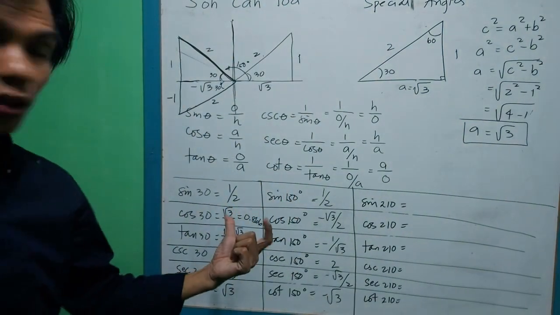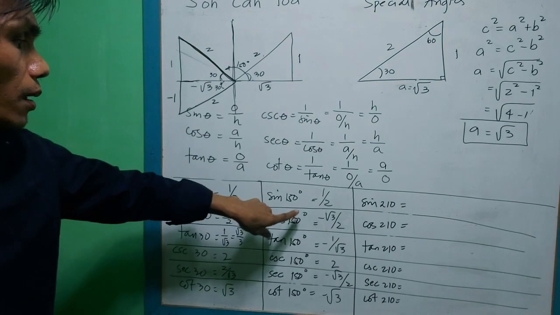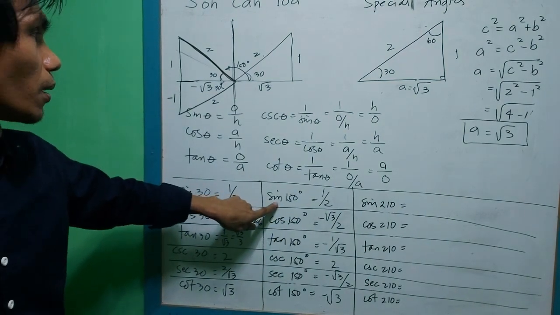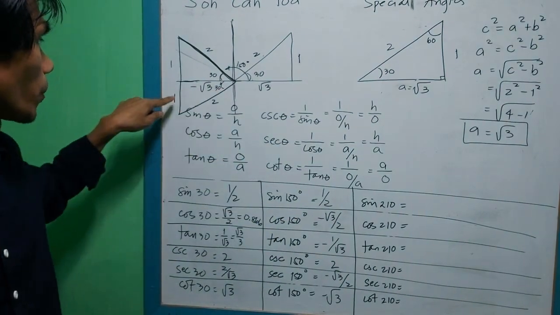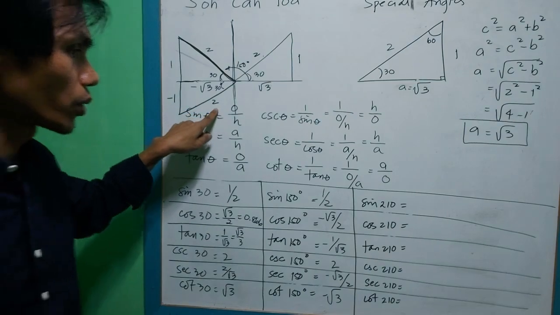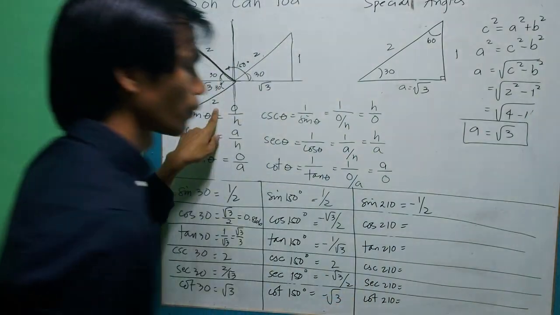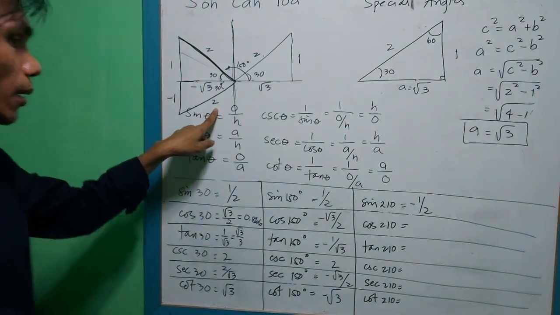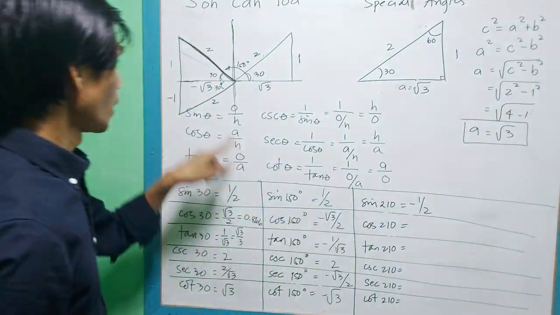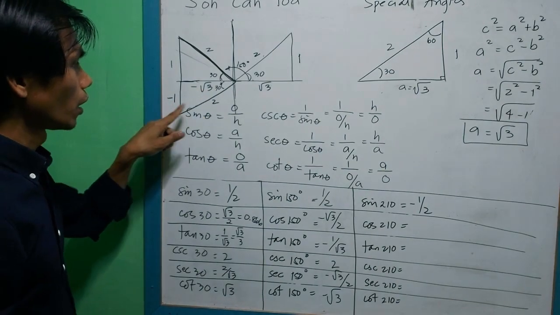Let's take a look on the value. Okay. Sine. Ano yung sine 210? Opposite. Ito pa rin. Opposite over hypotenuse. And that is negative 1/2. Nakuha? Cosine of 210. Adjacent over hypotenuse.